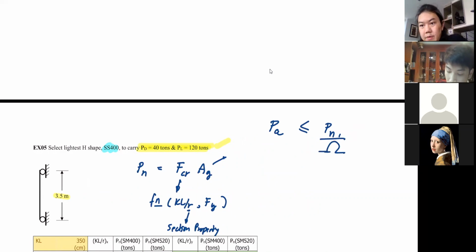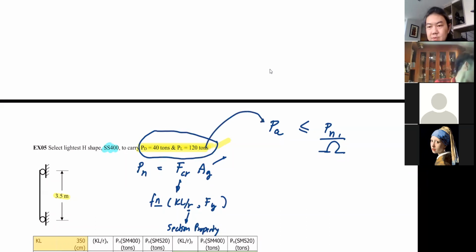That is our design equation, always. Now we are looking for P nominal, but we have here the PA coming from the loading condition. So the easiest way is to move the factor of safety to this side, and therefore our job is only to work for P nominal instead of working for P nominal and then divided by factor of safety.